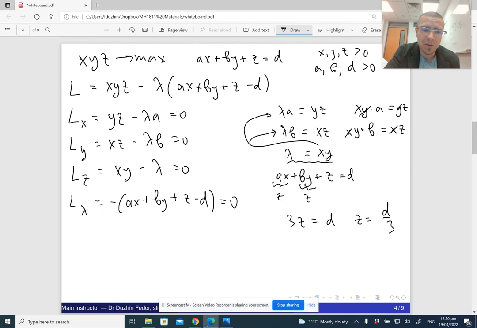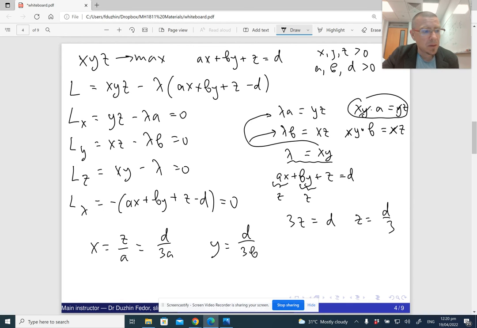Now let's find x and y. From this equation, x is z over a, which is d over 3a, and by the same logic, y is d over 3b. Okay, so these are the values of x, y, and z that maximize the volume.